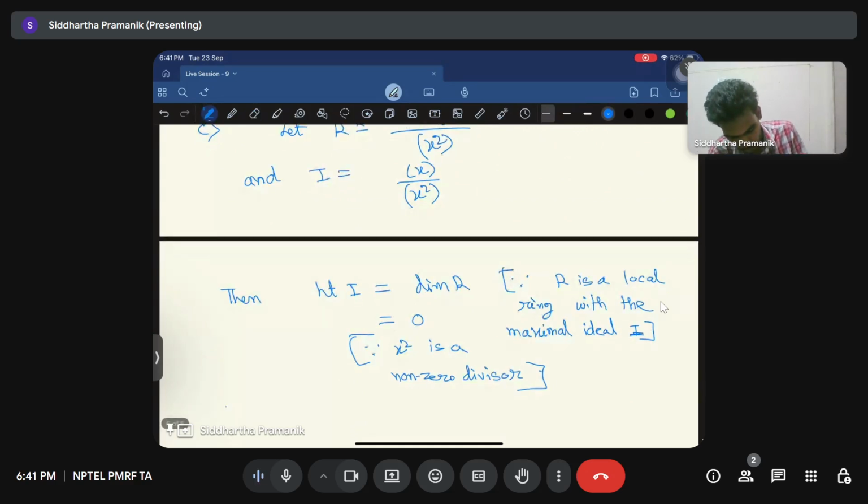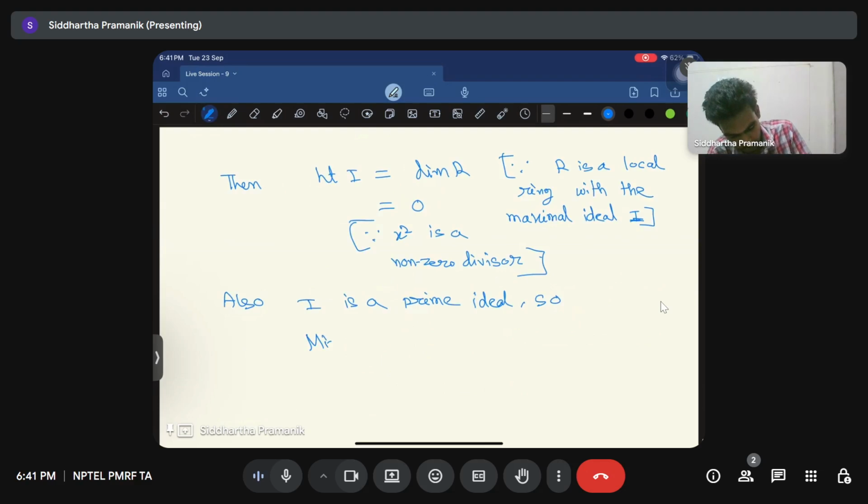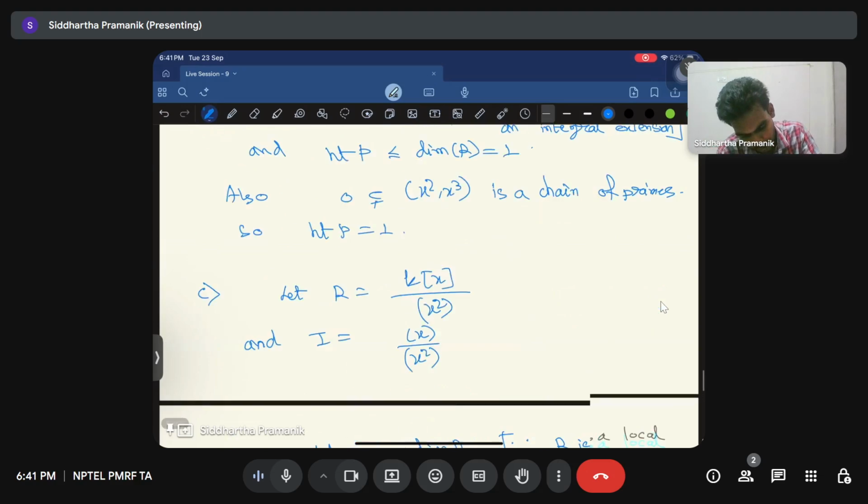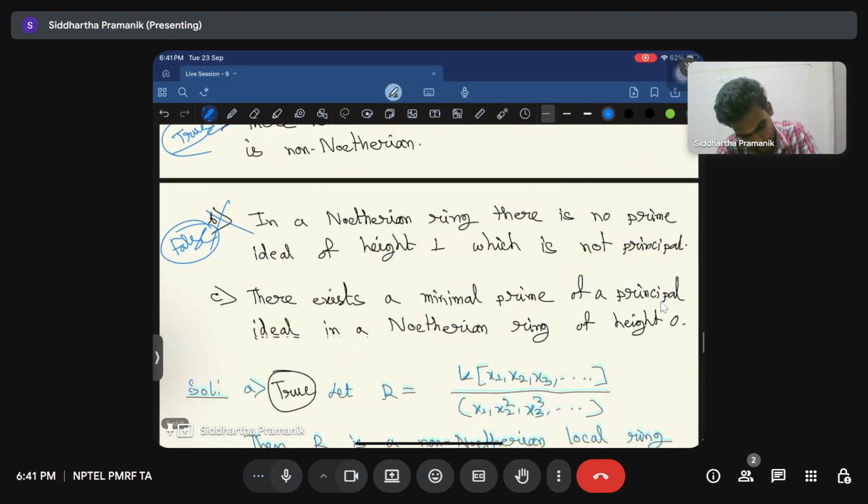Also note that I is a prime ideal. In fact, it's a maximal ideal. So the minimal prime of I is the same as I. So we have got a minimal prime ideal of height 0.